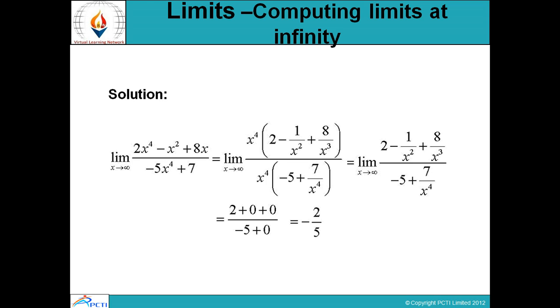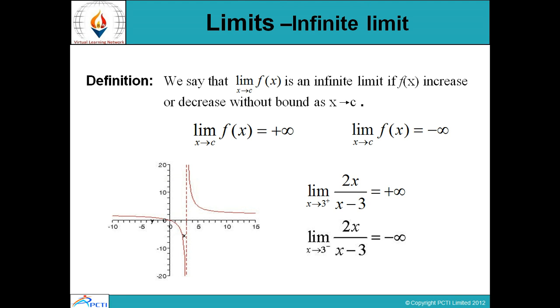So limit x tends to infinity gives (2 minus 0 plus 0) divided by (minus 5 plus 0). So the value will become minus 2 by 5.